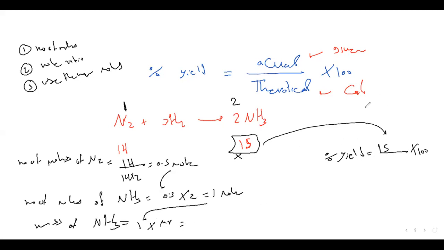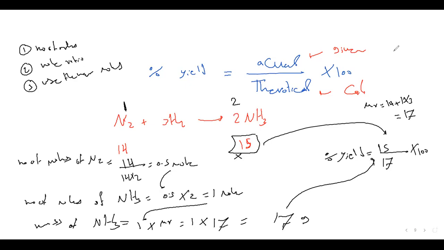The molar mass of ammonia, N 14 and 1 times 3 equals 17. So equal 1 multiplied by 17 equal to 17 grams. So percentage yield equal 15 over 17 multiplied by 100.